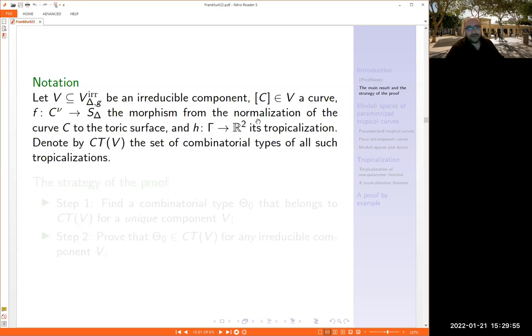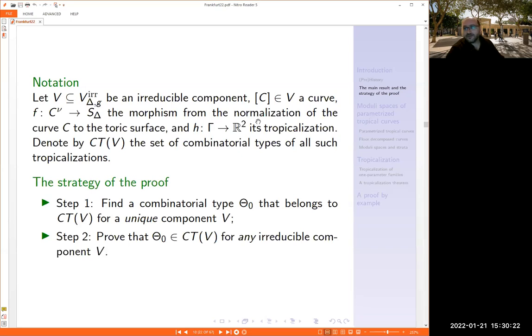I denote by CT(V), the combinatorial types associated to V, the set of all combinatorial types of tropical curves obtained this way. So I look at an irreducible component, I look at the curves it parameterizes, I look at their tropicalizations, and I collect all possible combinatorial types of these tropicalizations.